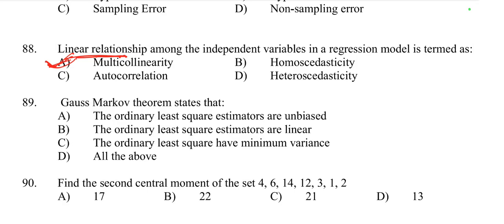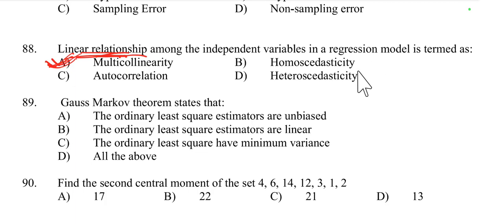Multicollinearity occurs when two or more independent variables in a regression model are highly correlated, meaning they have a strong linear relationship with each other.